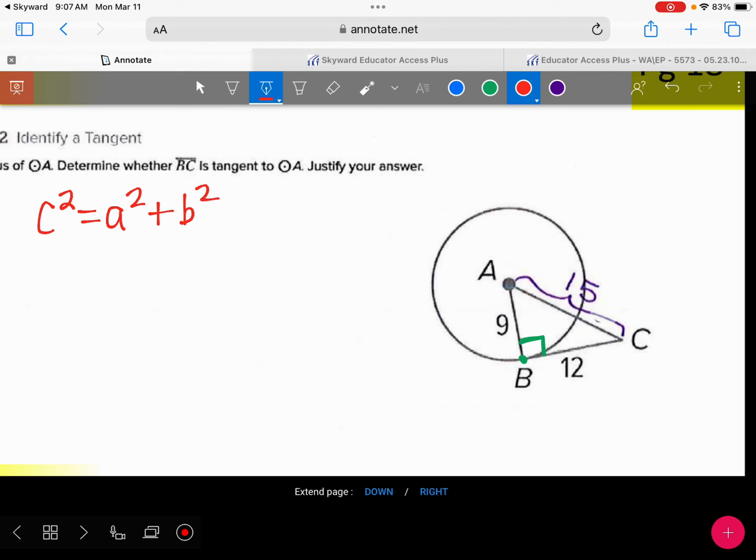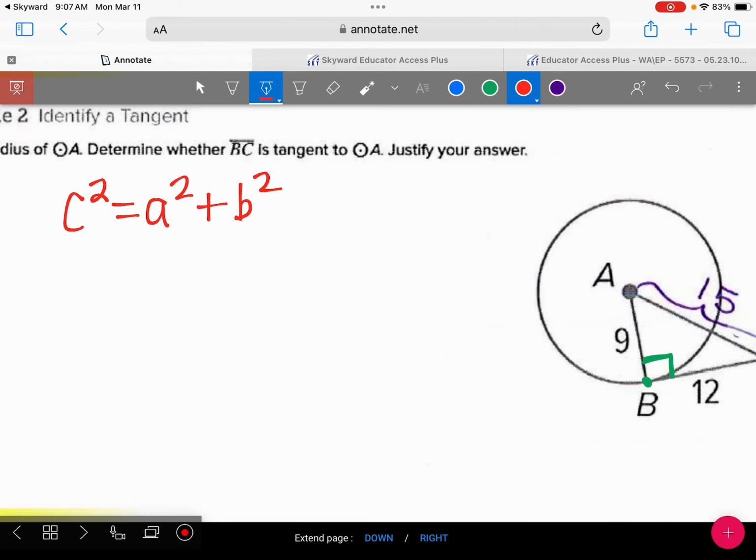Give me a thumbs up if you've seen this before or heard of this. Okay, C squared always is your longest side. That's always the longest side. So I have three sides, 9, 12, and 15.